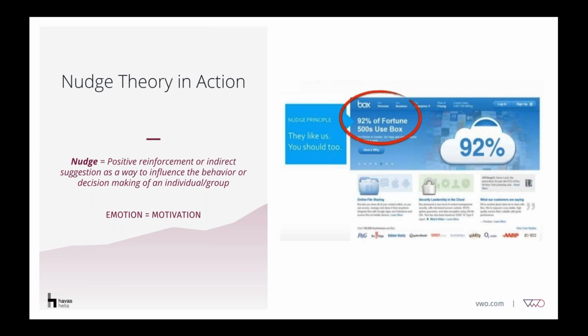The nudge theory can be broken down into two different ways, and how businesses predominantly use it is to encourage herd behavior. Herd behavior is basically seeing what other people are doing.